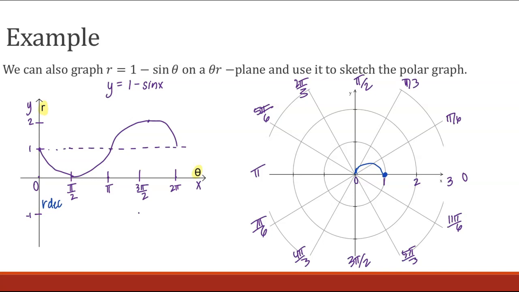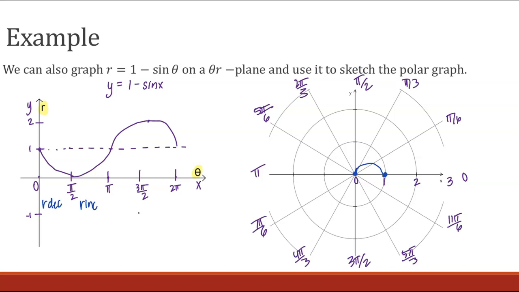And so then we can move on and say, well, what's going on between pi over 2 and pi on this theta-r plane? And that's going to tell me what happens in quadrant 2 over here. Well, what's happening to those directed distances is that they are increasing. So r is increasing from 0 to 1.